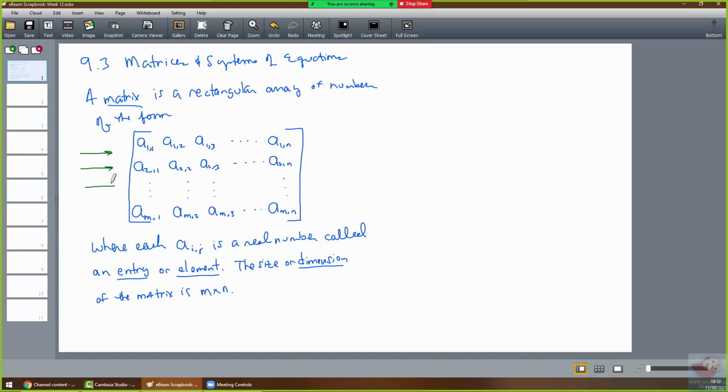Remember, rows go across, columns go up and down. So you can think about Greek columns if you want, the ones that are standing up. What about if they're laying down? We don't talk about those, just the ones that stand up.